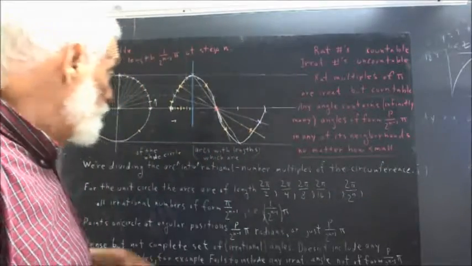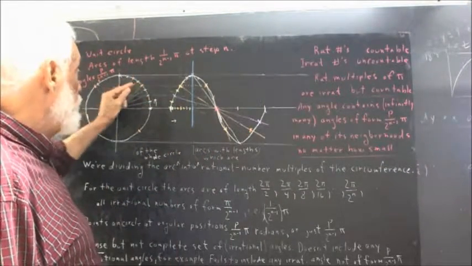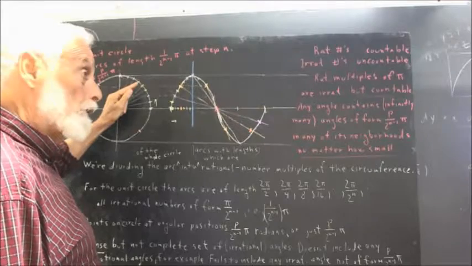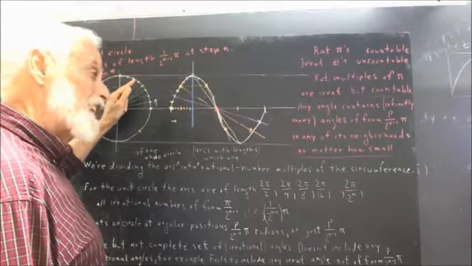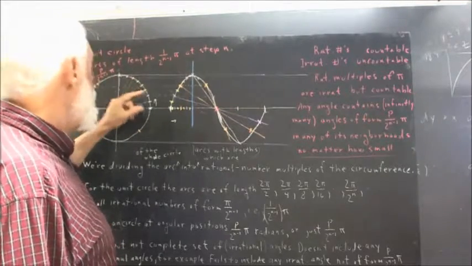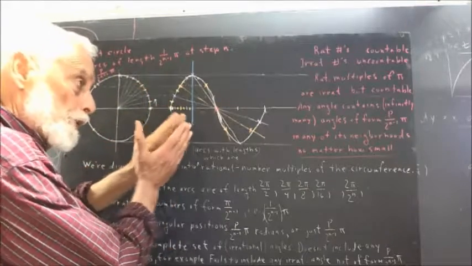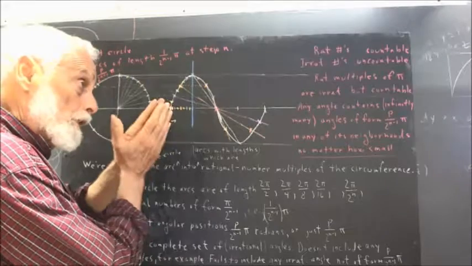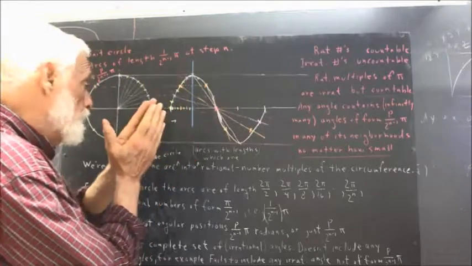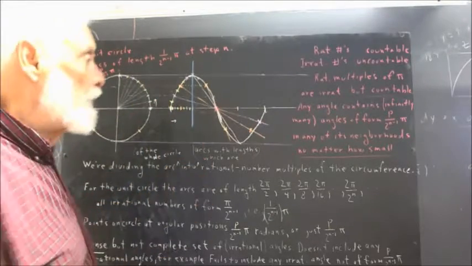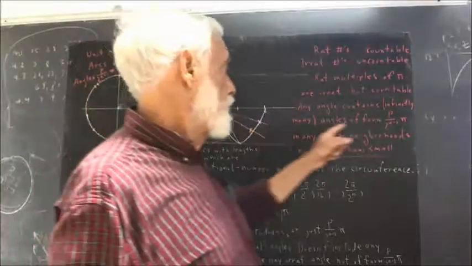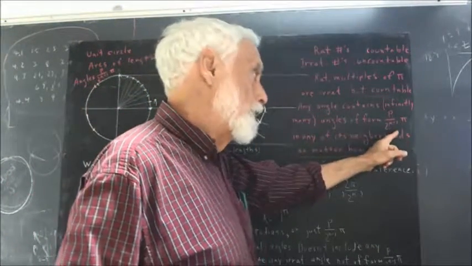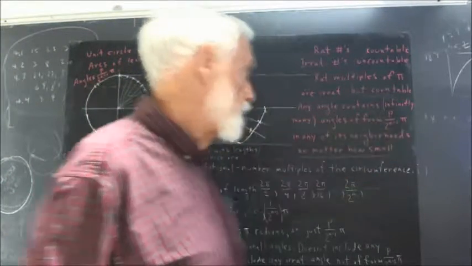What do I mean by the neighborhood of an angle? We take some angle and we take just a little tiny bit smaller angle, a little tiny bit bigger angle, and all the angles in between are in our neighborhood, and there will be in that neighborhood an infinite number of constructible angles of this form.